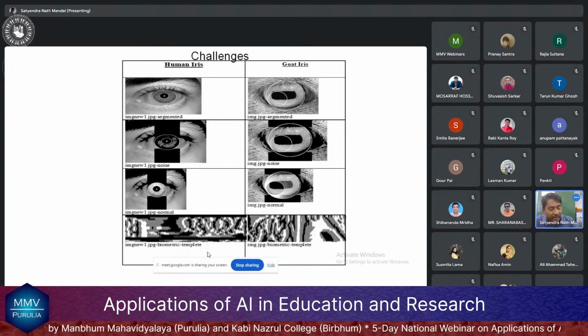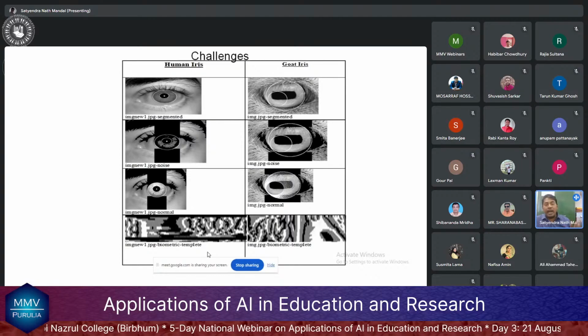The problem was acquisition of the image, because they are not communicating. There is no camera specially made for animals. There is no developed algorithm. There is no developed concept. So how do you do that? So we solved all the concepts one by one.